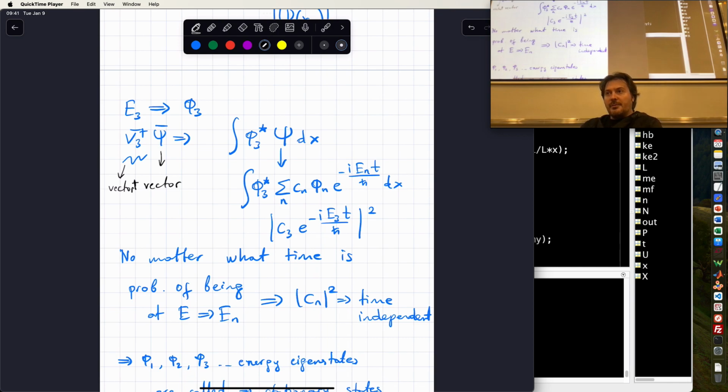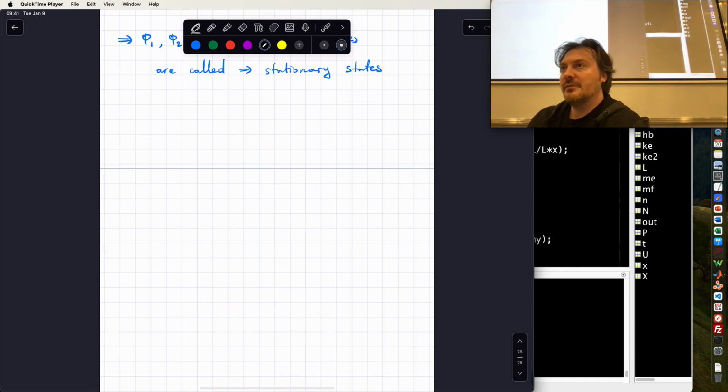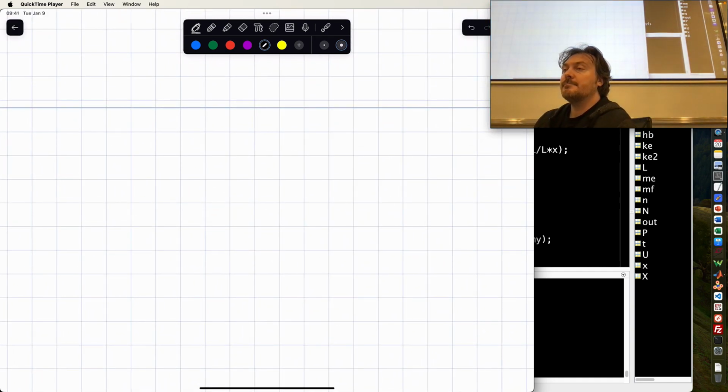We have a similar kind of transformation if we move to momentum space. Transforming the wave function into momentum space is taking a Fourier transform.